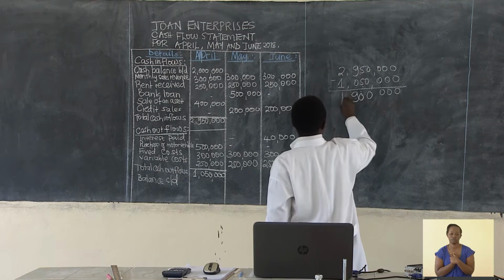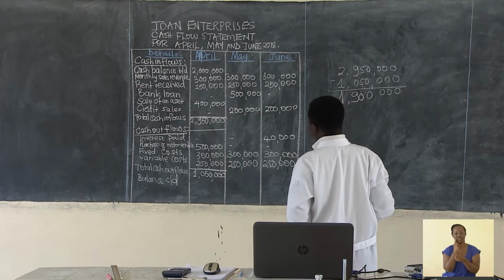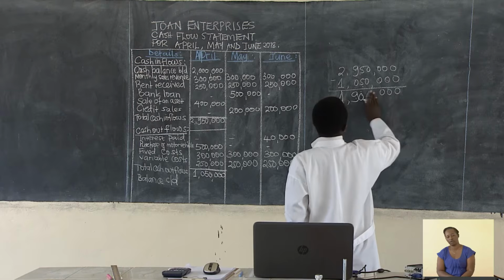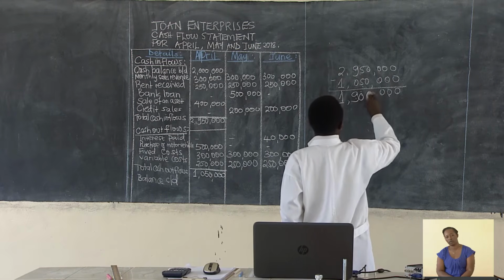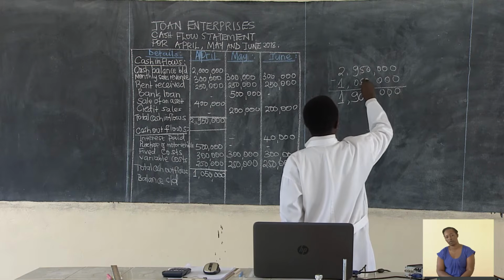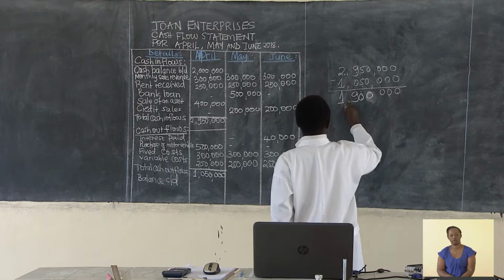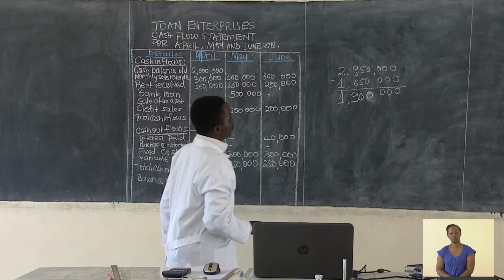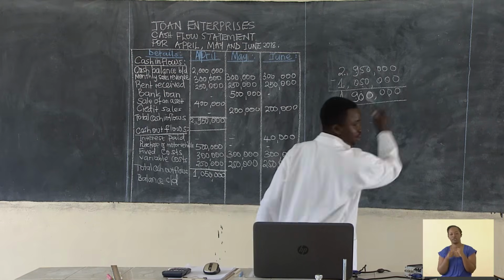Then here we have 1. So this is 1 million. 9 minus 0, we have 9. 2 minus 1, we have 1. So it is 1,900,000. So that is what you remain with.